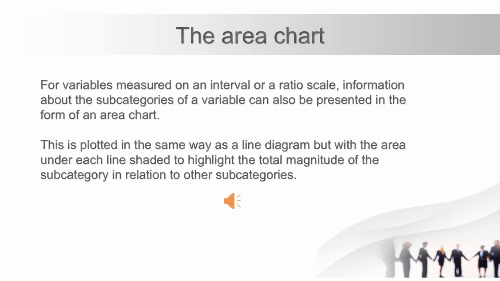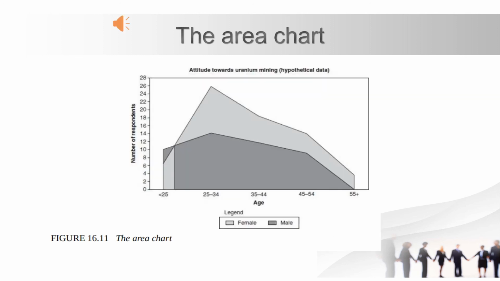For example, if there are both male and female categories in the data sheet, both can be highlighted on this chart. So this is your area chart. As you can see in the area chart in figure 16.11, you have the legend for male and female, and you can highlight them either in colors or in a pattern, or shade them into a color.